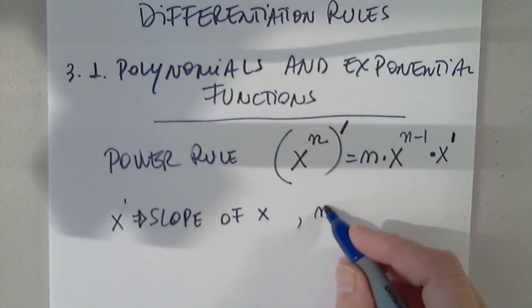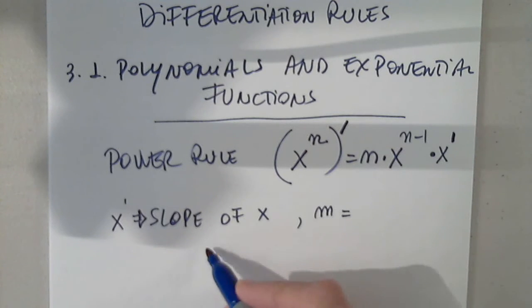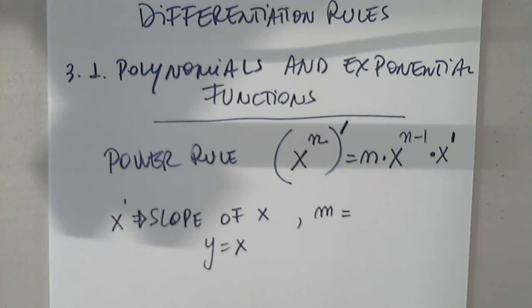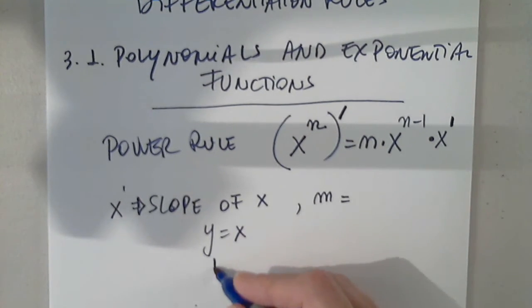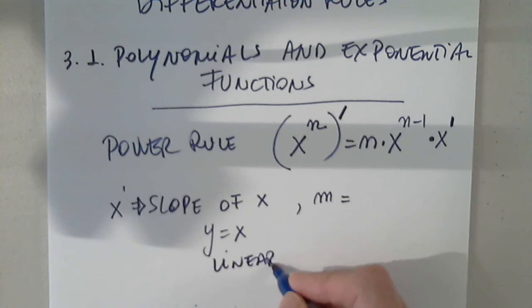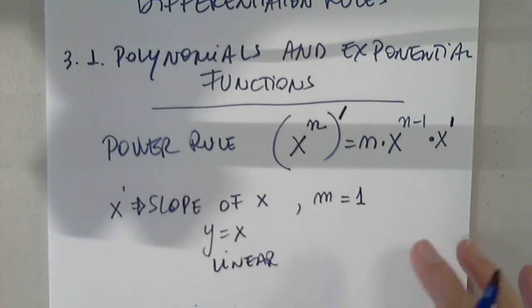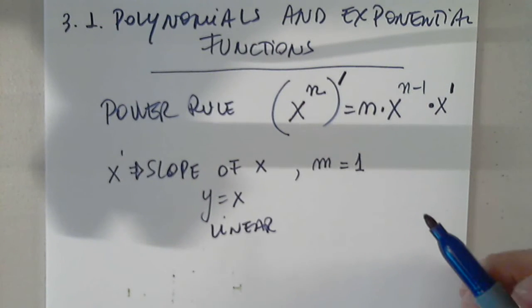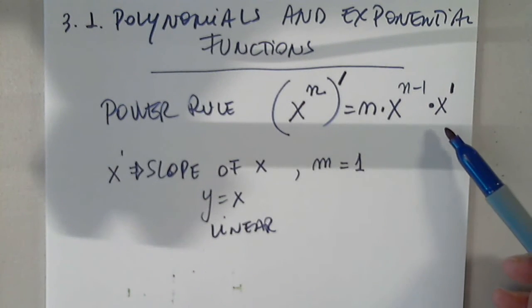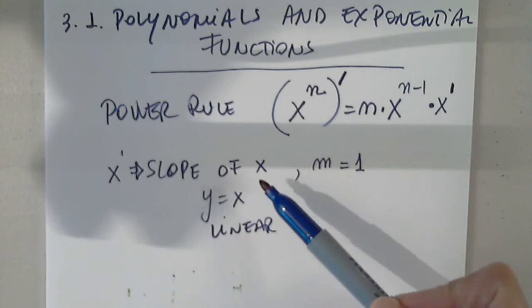Can anyone give us the slope of x? If I have y equals x, what is the slope of this line? It's a linear function. 1. Yes, the slope is 1. So this really tells us that, as we know, the derivative is the slope of the tangent line to the graph at any point.